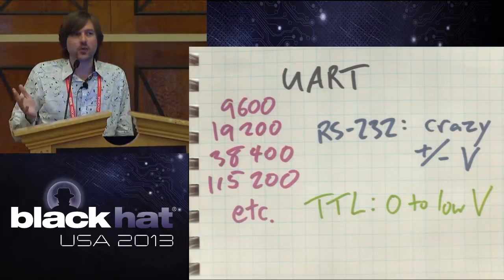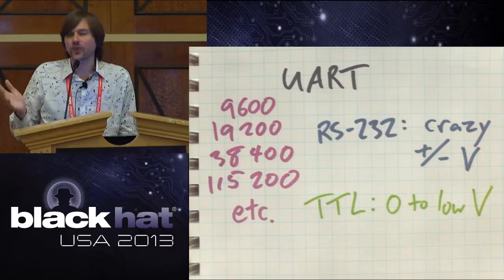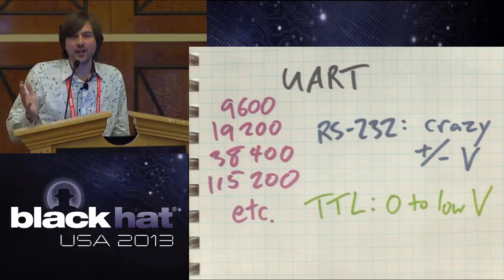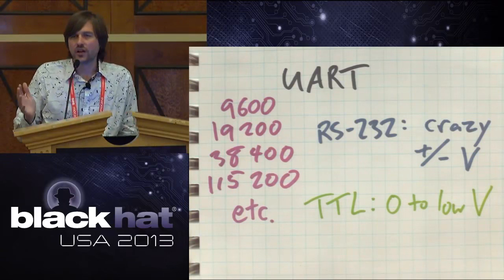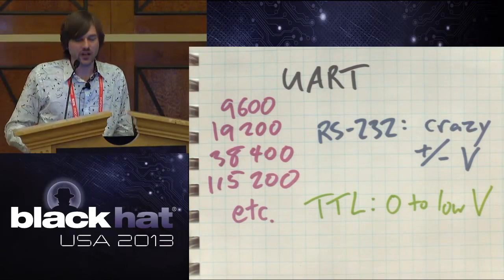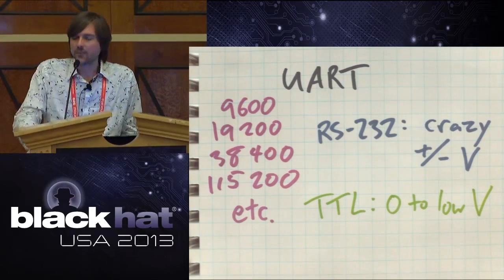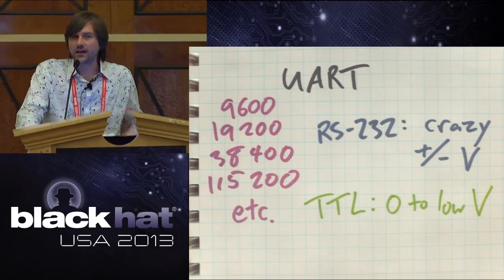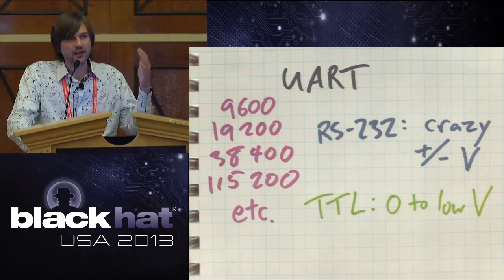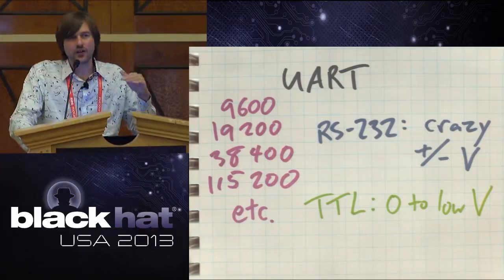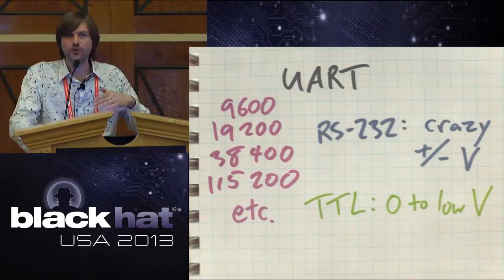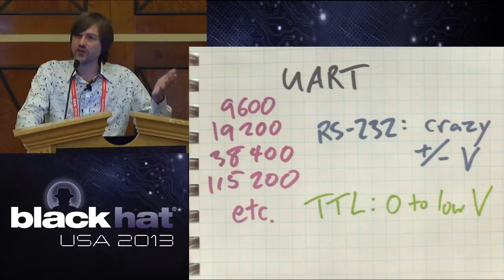And it's a TTL UART is what I mean to be saying, which we've kind of abused the term TTL over the years, but it means that it's a serial port that operates at logic levels. So like voltages from 0 to whatever the operating voltage is of the chip you're talking to.